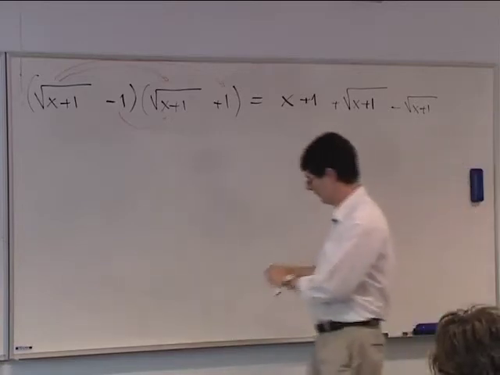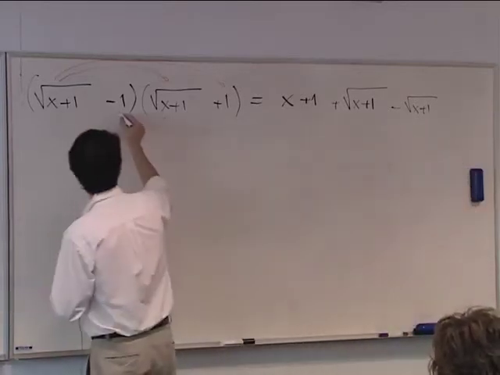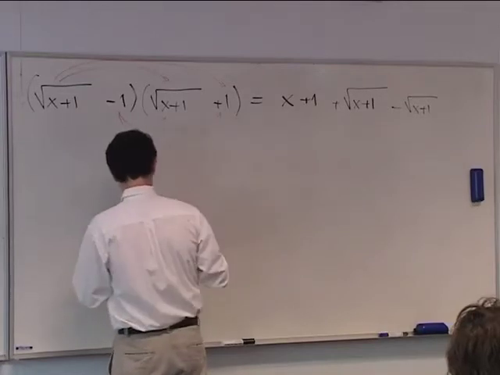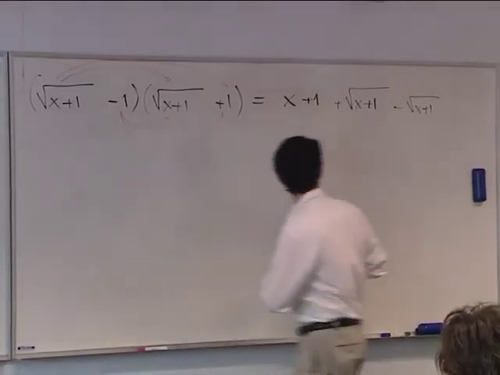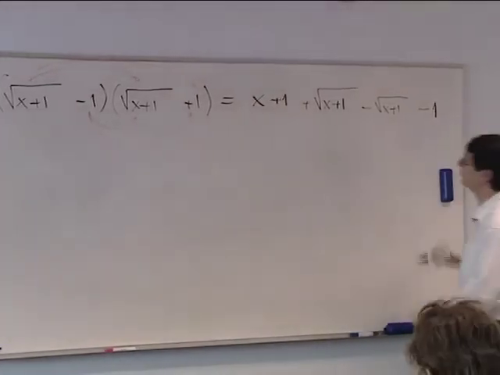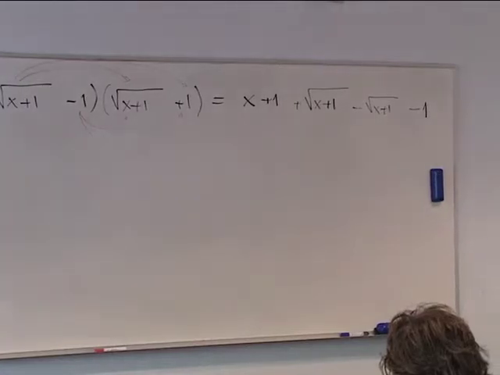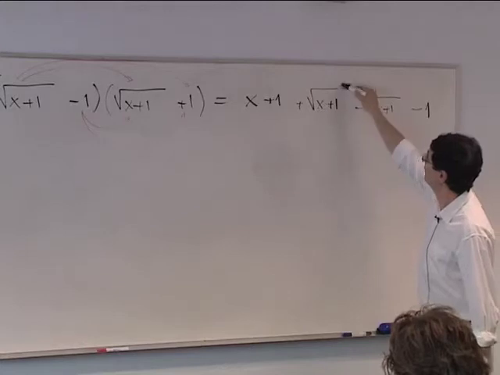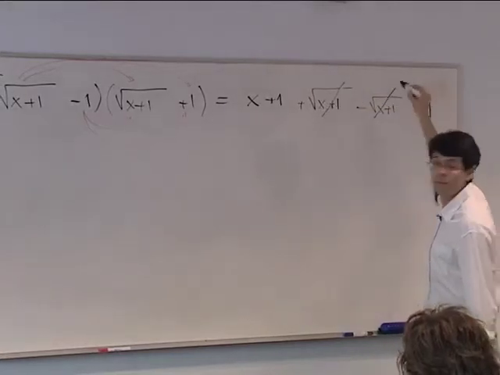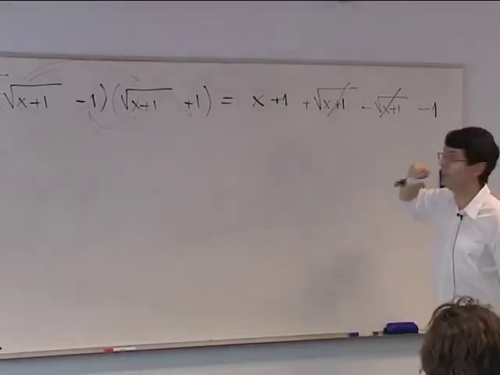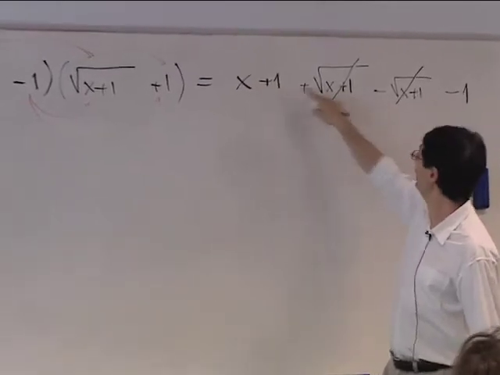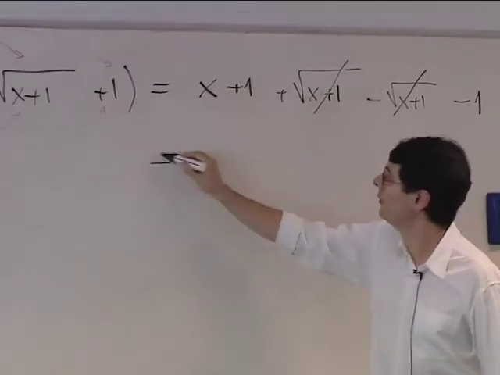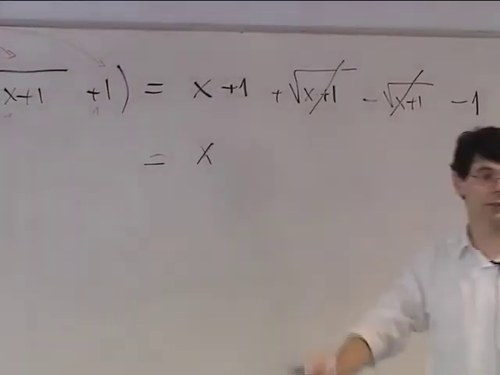And finally, I'm going to do this product here, which gives me that. You realize that these two cancel out. I am left with x plus 1 minus 1. I'm left with x.